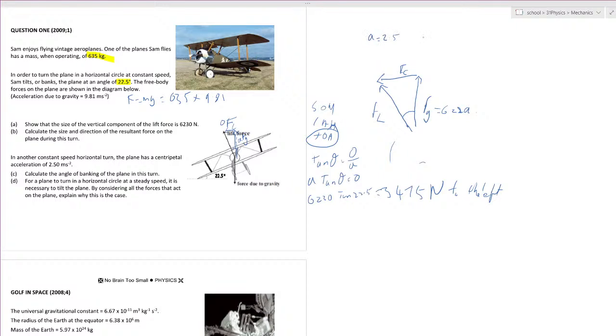If I want to work out the force from this one, force is equal to mass times acceleration. I know the acceleration is 2.5, so the mass is not changed. It is going to be 635. So Fc, the force, is going to equal 635 times 2.5.